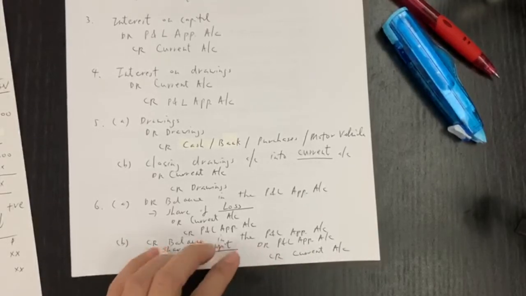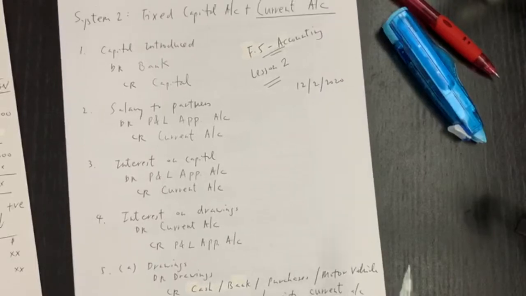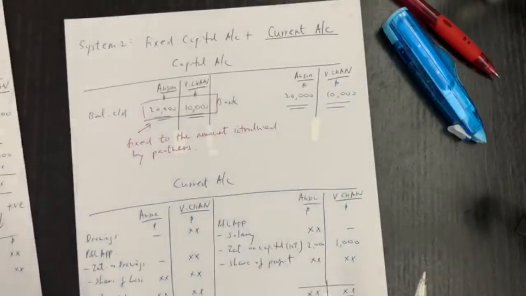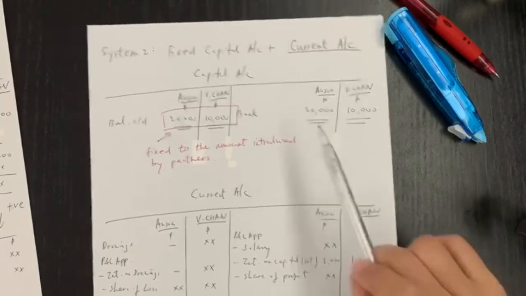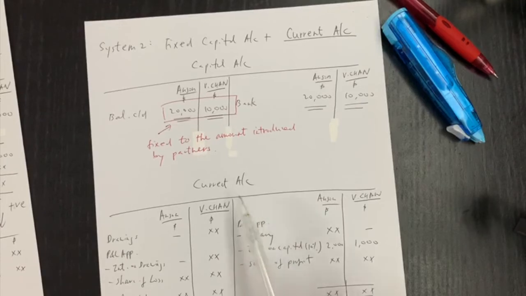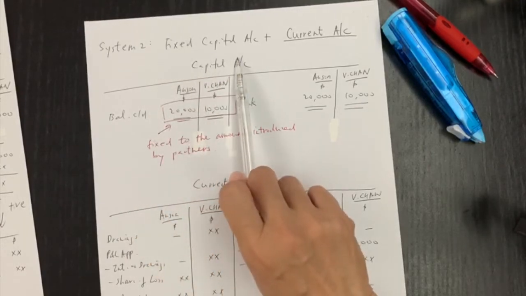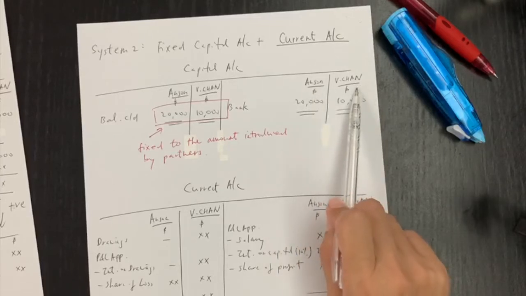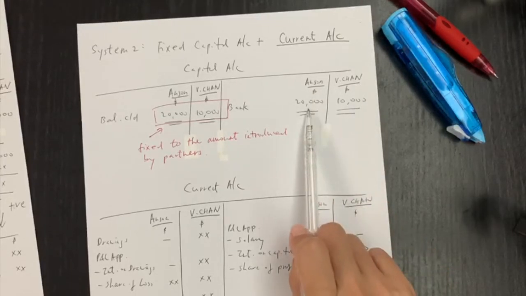Are you okay? So after all these double entries under system 2, let me show you the effects on capital accounts and current accounts. Now this is system 2, fixed capital. Why fixed? Here, Anson and Vichen contribute 20,000 and 10,000.